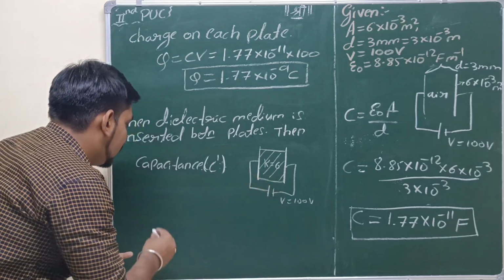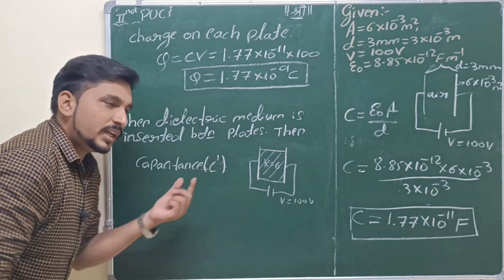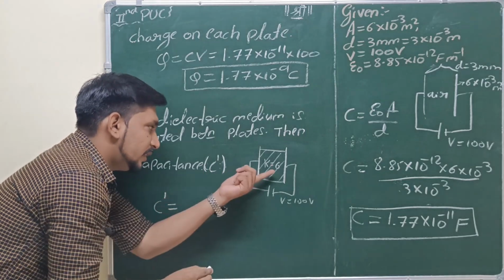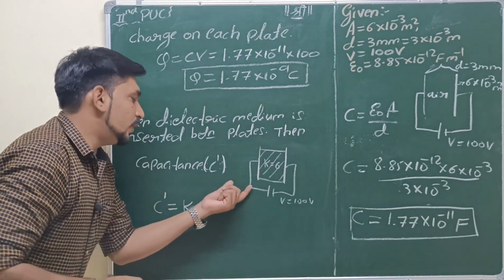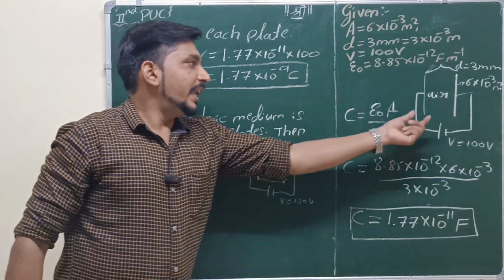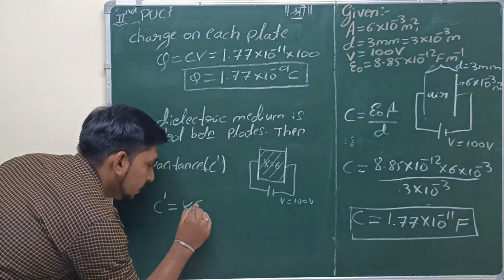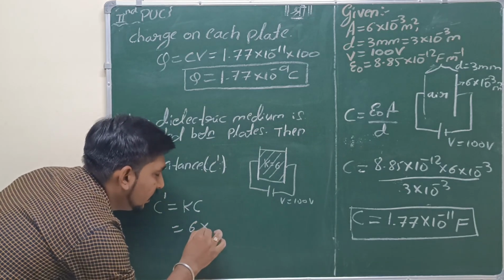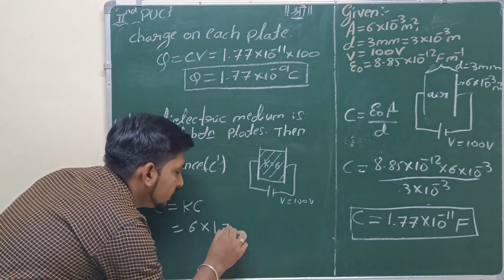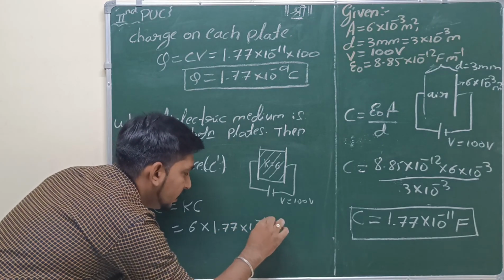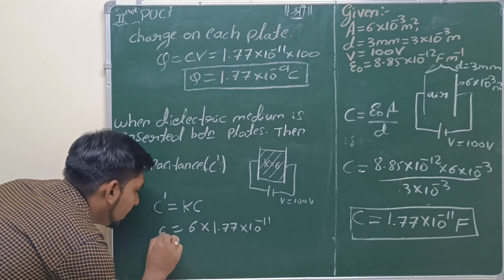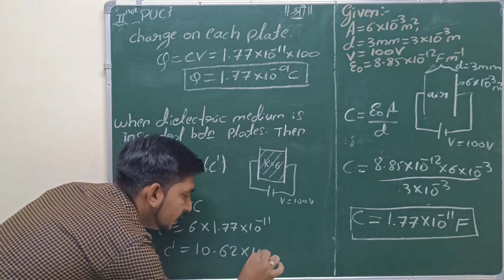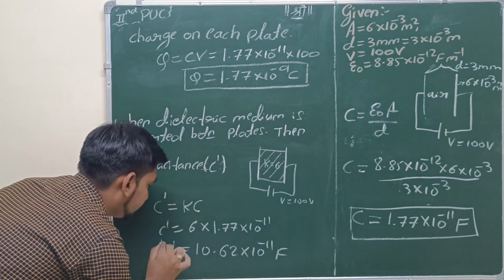Let the new capacitance be C dash. C dash is equal to the dielectric constant K into the capacitance of the capacitor when air is between the plates, C. So C dash is 6 into 1.77 into 10 raised to minus 11, which gives C dash equal to 10.62 into 10 raised to minus 11 farad.